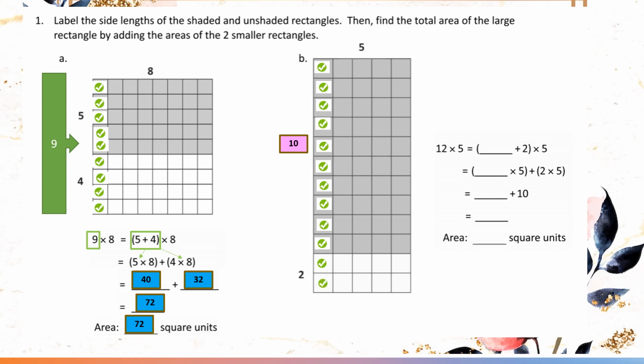Then 11, 12, 2 that are in white. So we have a length of 10 in gray and a length of 2 in white. And so that's how the 12 is going to be breaking apart. It's going to be broken apart into 10 and 2.